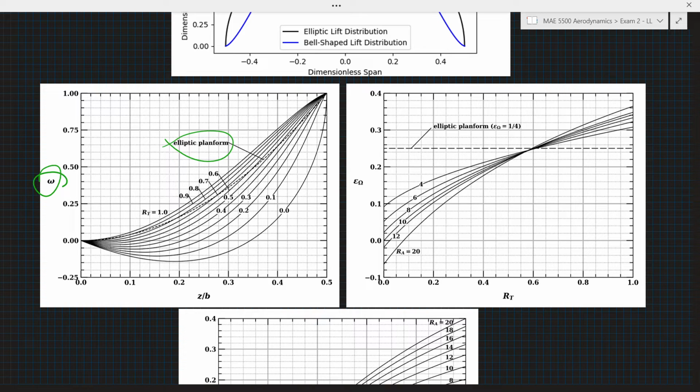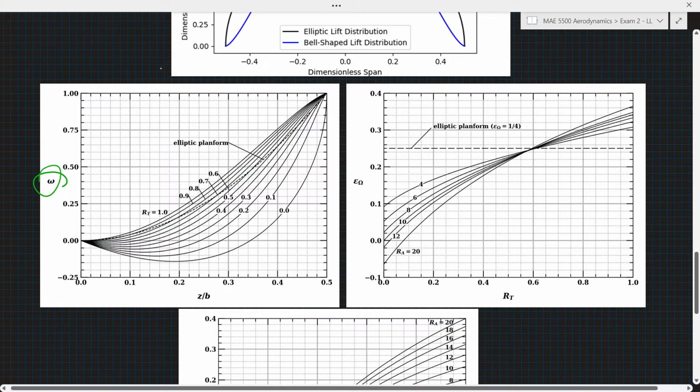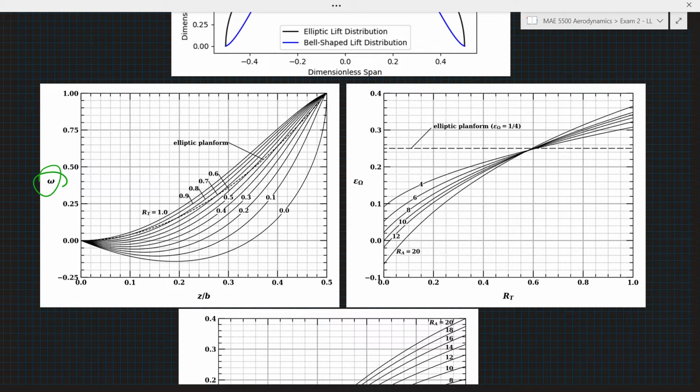In this case, for this Prandtl bell-shaped lift distribution, you would have some twist on that wing. Once again, the bell-shaped lift distribution is not the distribution that minimizes induced drag, right? We go back to that definition: it's the one that minimizes induced drag for fixed gross lift and fixed wing moment of inertia of gross lift.